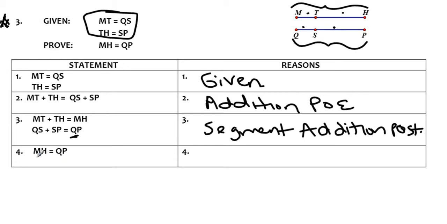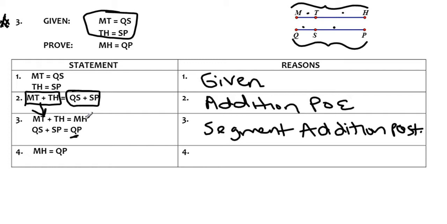Okay? Now, this is where it gets tricky again. How does MH become QP? Well, up here, we said that MT plus TH equaled QS plus SP. So what I'm going to do here is take this MH and replace it here.